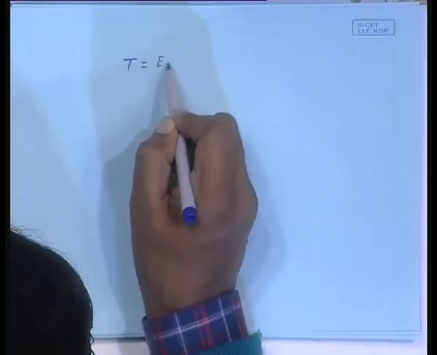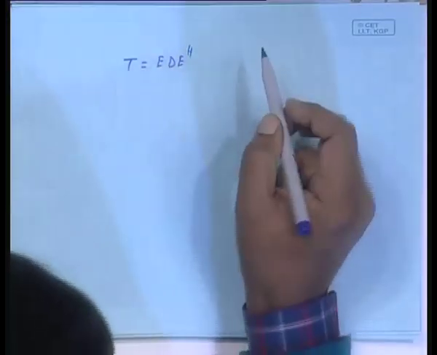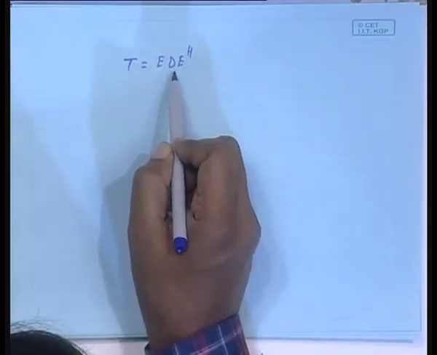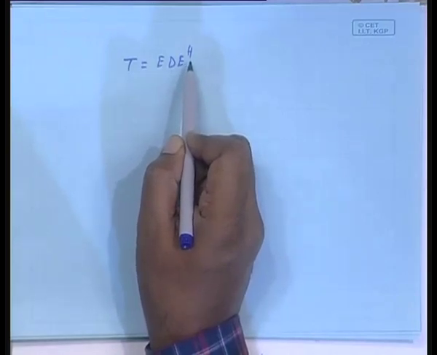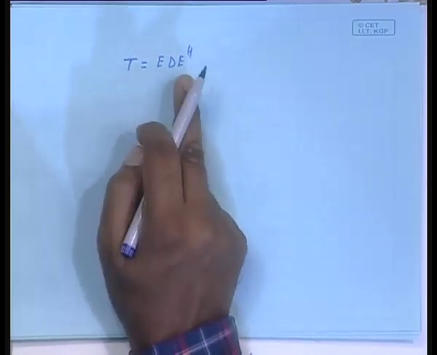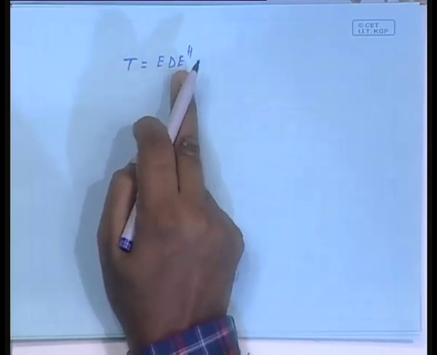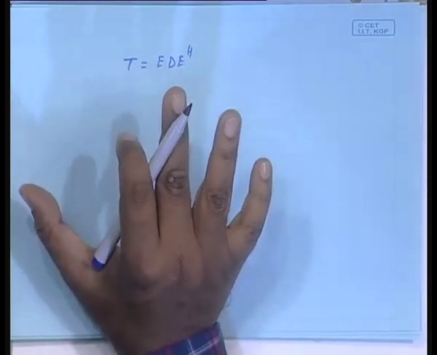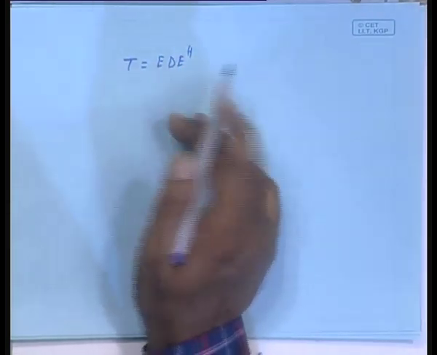I even took a general Hermitian matrix, and that can be written as, this is what we have proved, this kind of transformation E D E inverse in general. Here because T is Hermitian, E Hermitian, E is a unitary matrix, so E Hermitian is the inverse of E; all those nice properties are there.